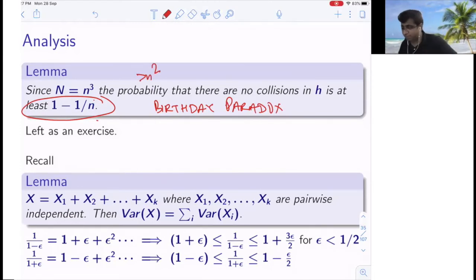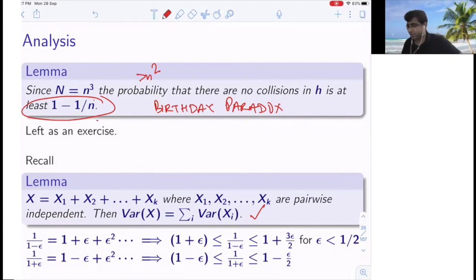Okay. And recall from the last lecture what I told you, that if you have random variables x1 to xk which are pairwise independent, then the variance of the sum of x is nothing but the summation of the variances of the x's. We proved this. So we will use this lemma. And we will also use some estimates on 1 by 1 minus epsilon and 1 by 1 plus epsilon.